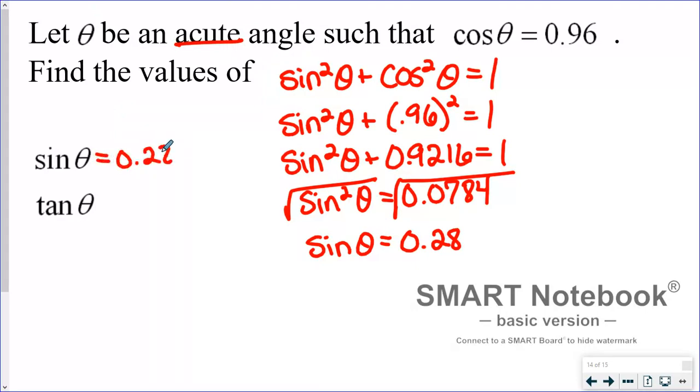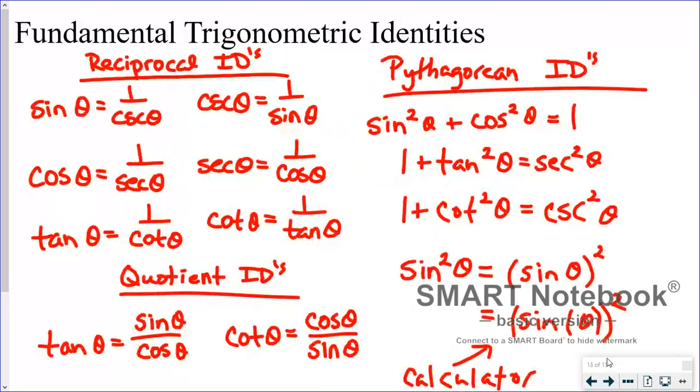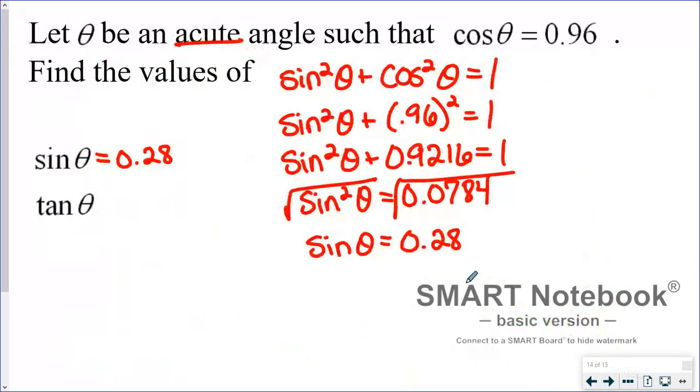We need to find tangent. There's a couple of different ways you could do this. We could use cosine to find secant, and then use this. Or we could just go ahead and use this. This is the easiest way. Tangent of theta is equal to sine theta over cosine theta.